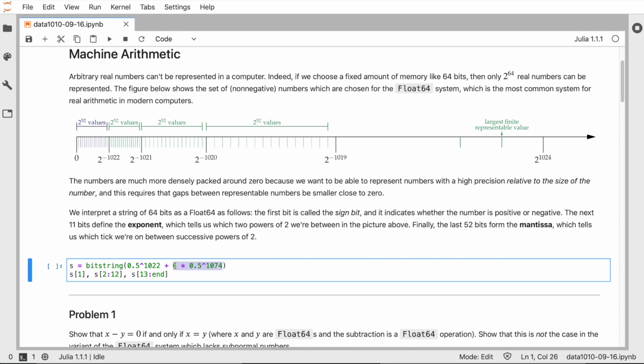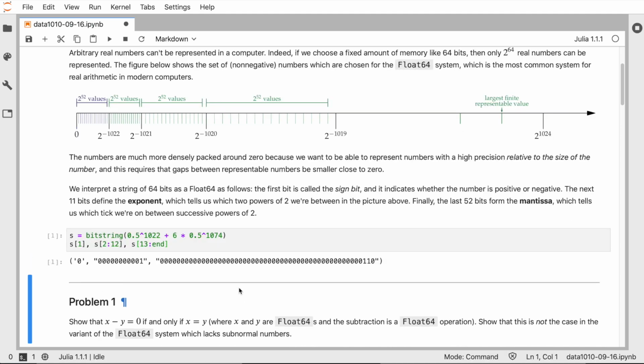So if we move over 6 tick spacings from the left endpoint of one of our intervals between successive powers of 2, and we check out what the string of bits looks like, we get a 0 sign bit indicating that it's a positive number, and then the exponent bits are telling us that we're in this first interval here. And then all the remaining bits are telling us which tick we're on, and we're on the 6th one. So if you interpret 110 as a binary number, then you get 0 ones, 1 two, and 1 four. That adds up to 6.